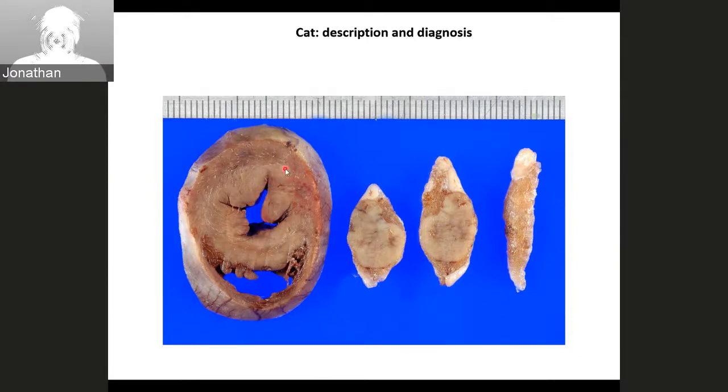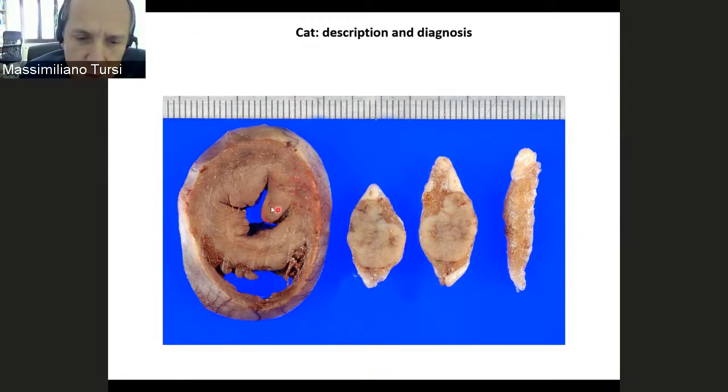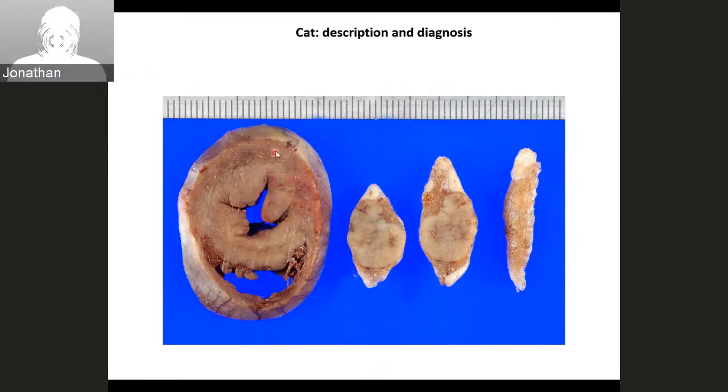Take care, because for the free wall, don't use the papillary muscle. Papillary muscle, yeah. So it's symmetrical here.